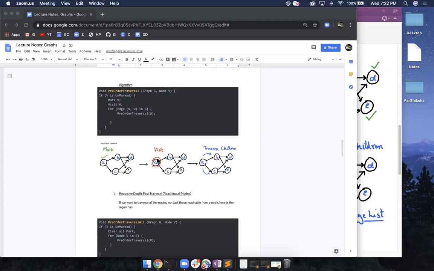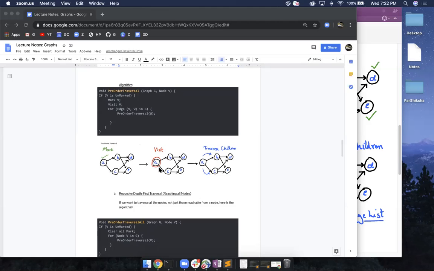Then you do the visit operation, which could be just figuring out any characteristic of A. So in a real world problem, it could be the number of people that reside in a house, or the population of a particular city that you want to figure out as a source city. Then the next thing is you look at each of its children. So you look at the child B and child C, and you then do the same operation using B as a source and C as a source, right?